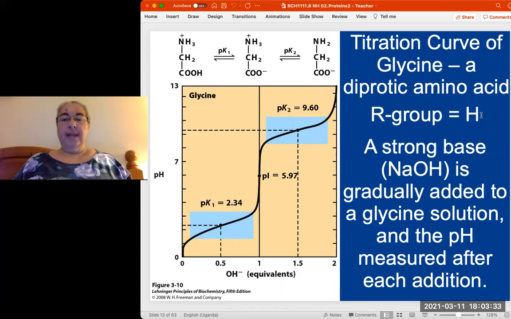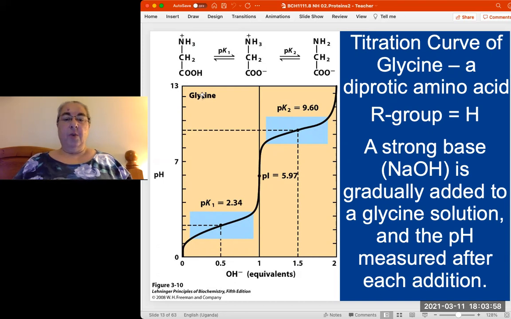Okay, glycine is a diprotic amino acid. It can release 2 protons. So here's the alpha carbon. It's shown as CH2 here because it's got both its normal hydrogen atom attached to it plus the hydrogen that is its R group.